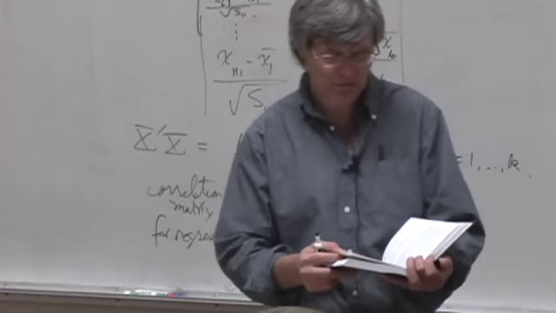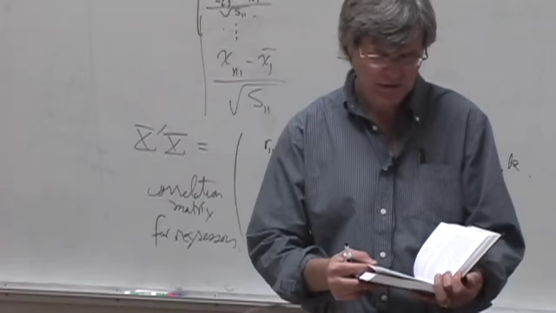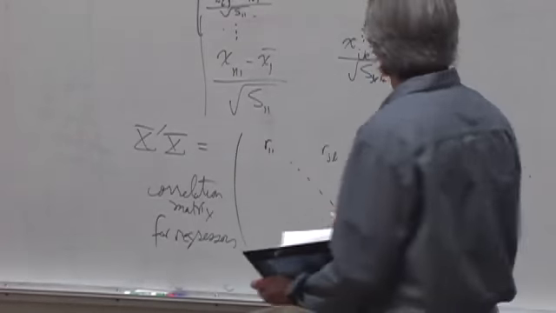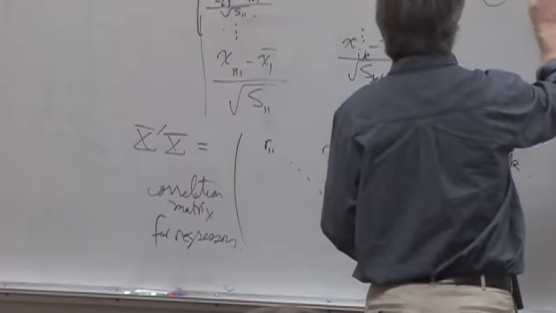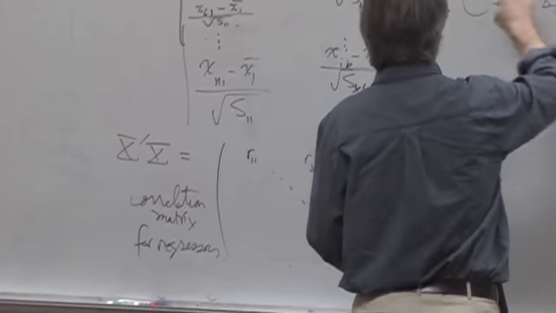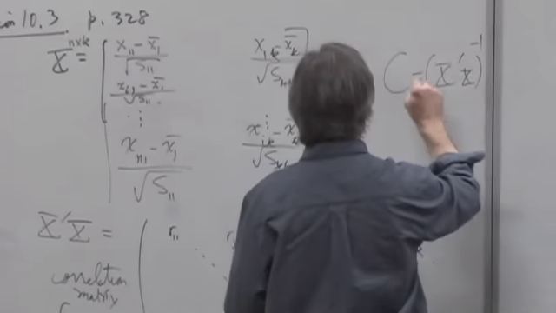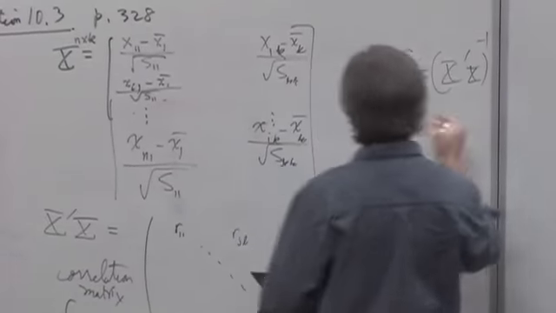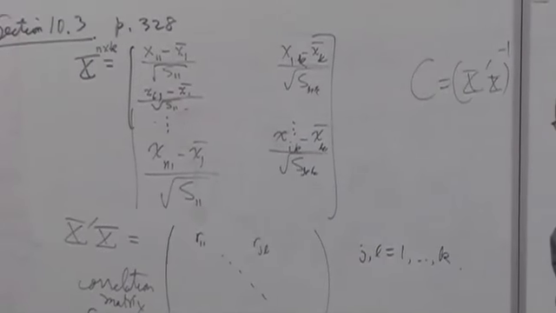And so he actually gives you the C matrix correspondingly. C is x prime x inverse. Okay, is our usual formula, but that's the C for this unit length scaling. All right.